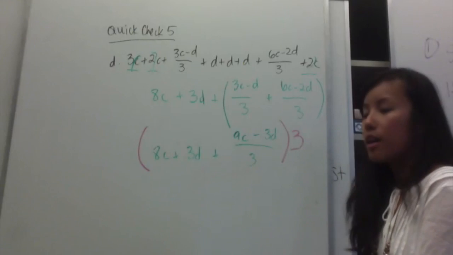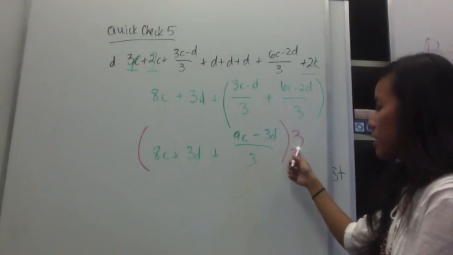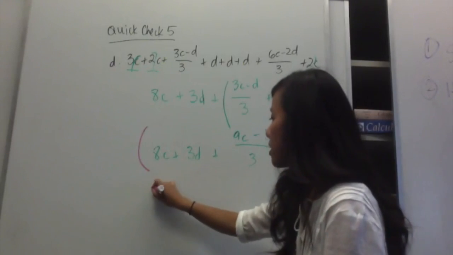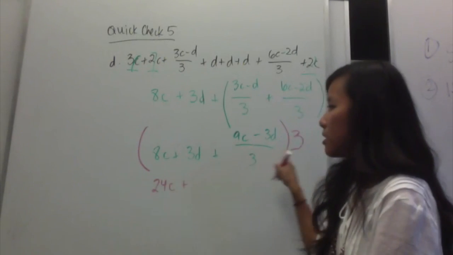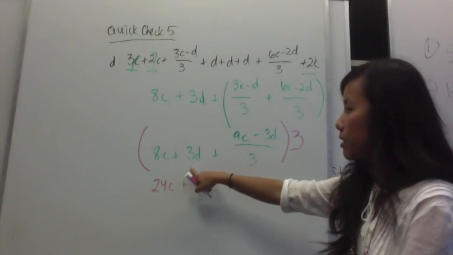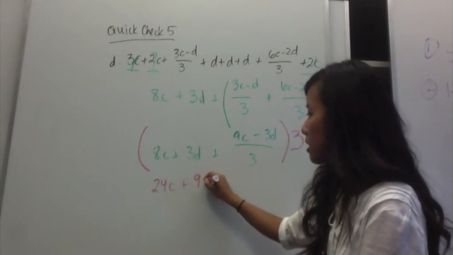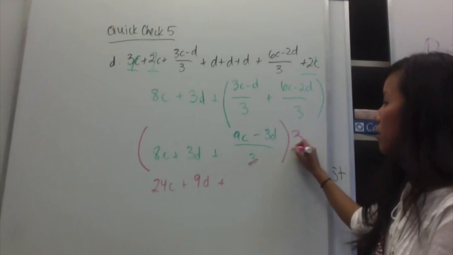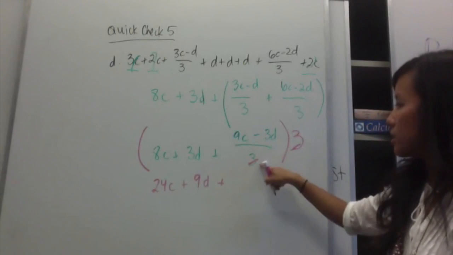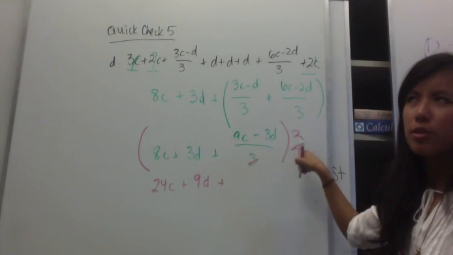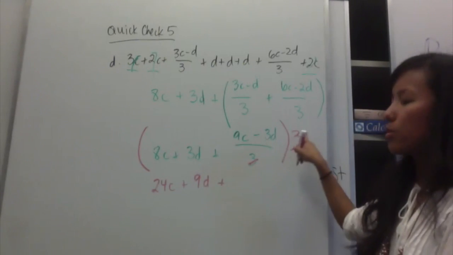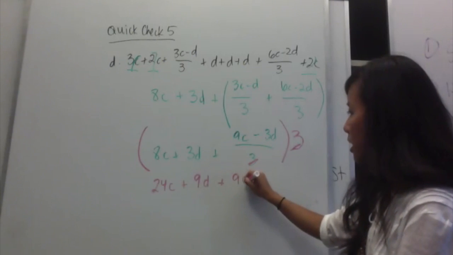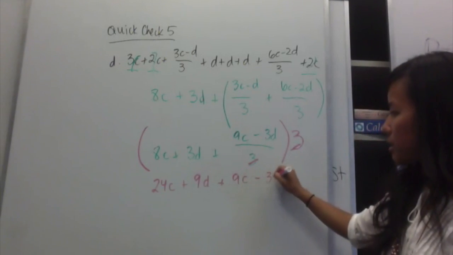So we can say 3 times 8C, 3 times 8 is 24, so 24C, plus 3 times 3D is going to be 9D, plus the 3 can cancel out, because 3 times 1/3, okay, because 1 is a numerator, 3 is a denominator. And then, so all you have left is plus 9C minus 3D.